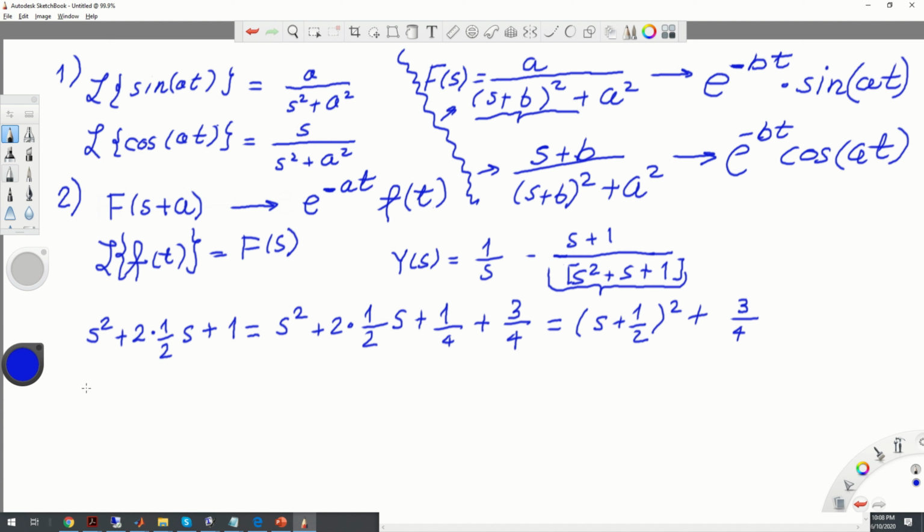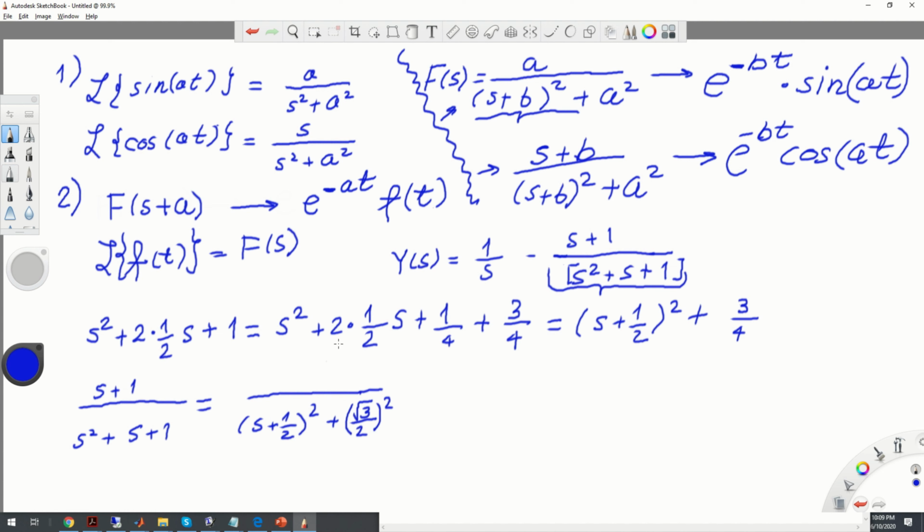Great. So let us write the original term, s plus 1 over s squared plus s plus 1, as follows. We can write the denominator as s plus 1/2 squared plus square root of 3 over 2 squared.